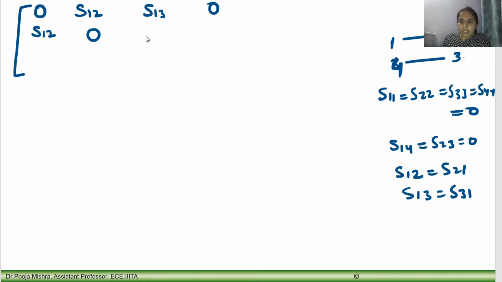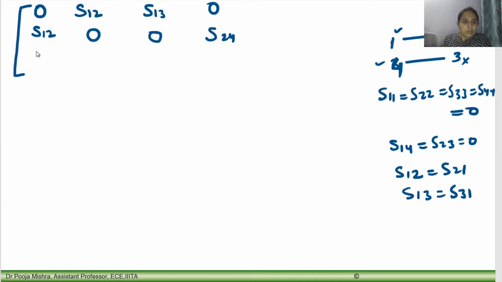It can happen in a 4-port device, but it cannot happen in a 3-port device. All the ports cannot be matched at the same time. So where were we? S21, S23: no, there is no communication between them. If you send the signal from 2, it will appear from 1 and 4, and not at 3. S24, yes, it will occur.